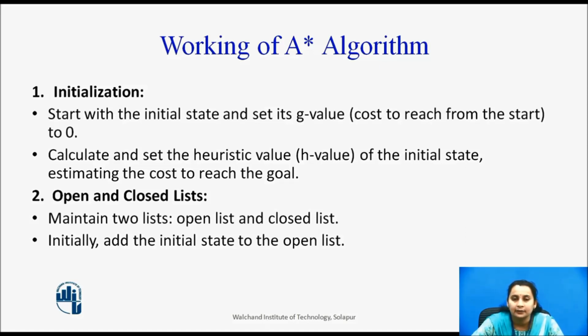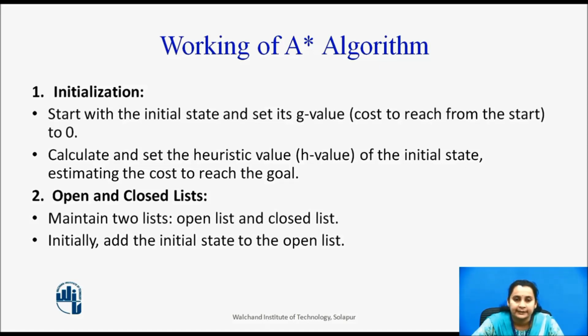So that is called the heuristic value. Using the heuristic value and g value, we calculate the evaluation total cost from source to destination. So here we are initializing the g value and h value for every node.